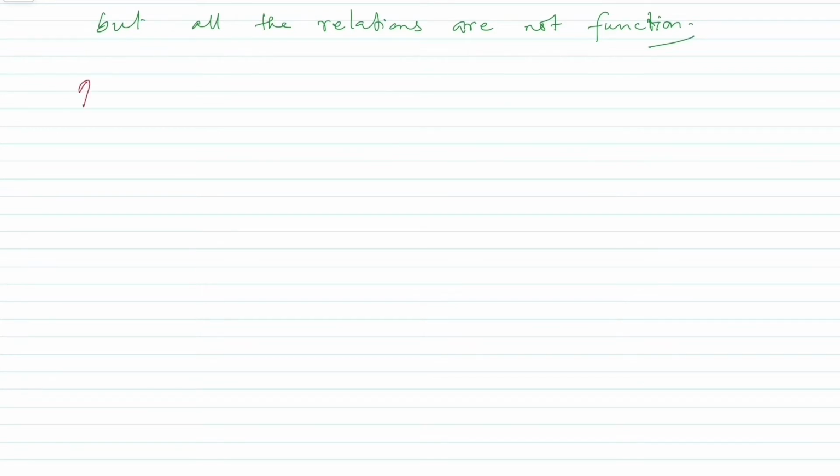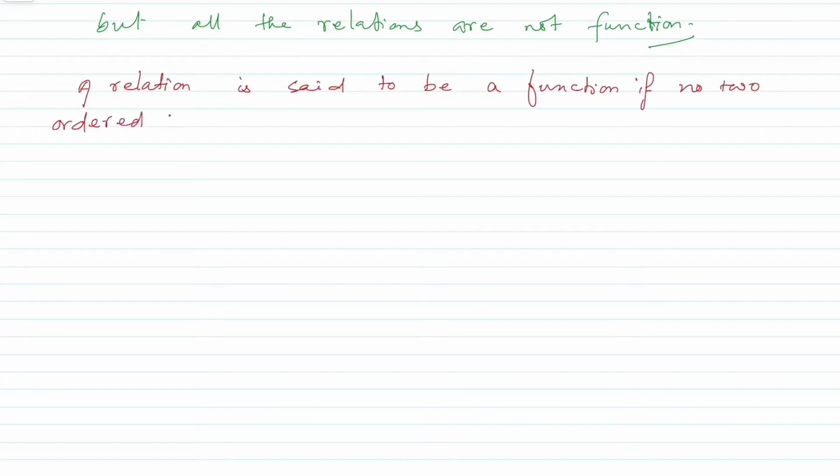A relation is said to be a function if no two ordered pairs contain the same first component.